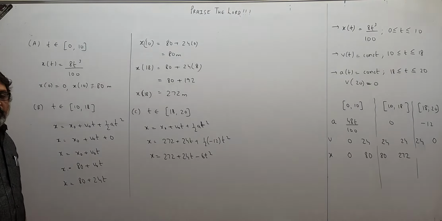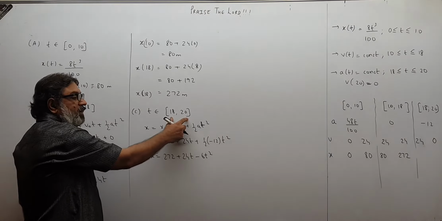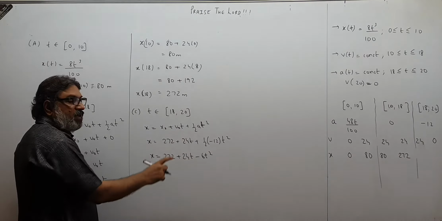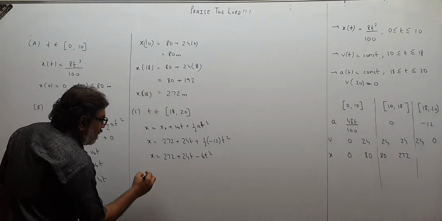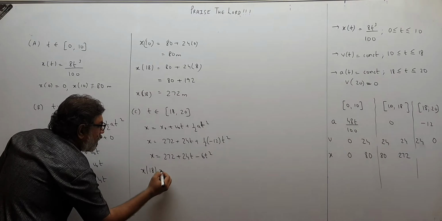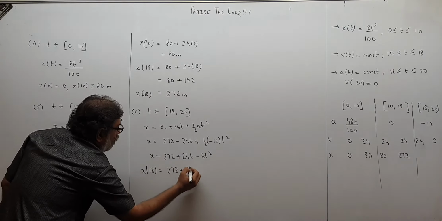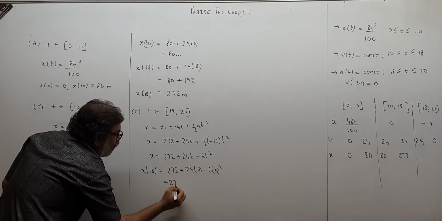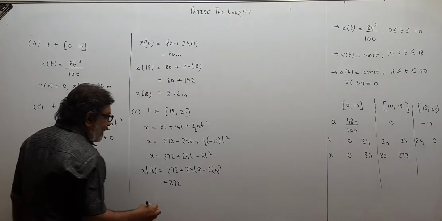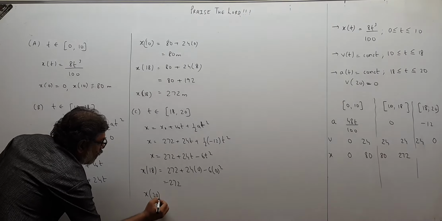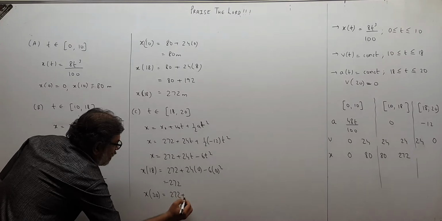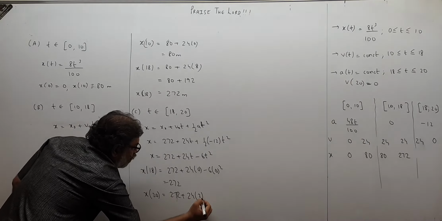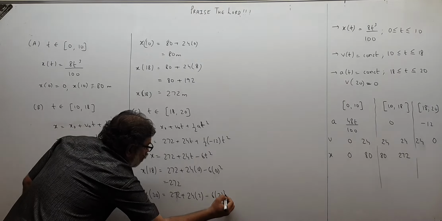This is the formula for position for this time interval. At x18, t will be 0, and for x20, t will be 2. Please understand. So x at 18 will be 272 plus 24 into 0 minus 6 into 0 square, that will be 272. And x at 20, that will be 272 plus 24 into 2 minus 6 into 2 square.